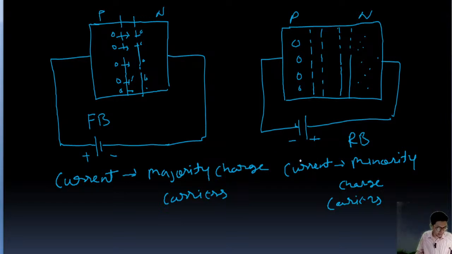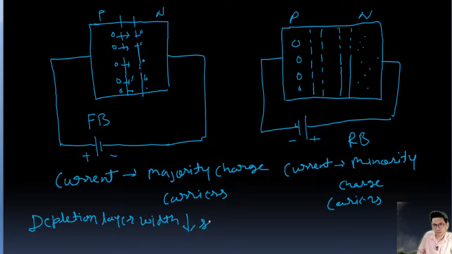Also, in forward biasing, the depletion layer width will decrease.